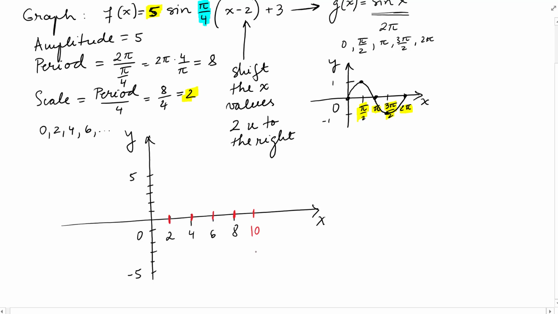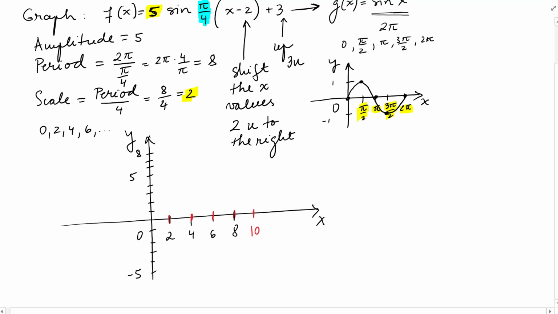So we don't start at the origin because we shifted 2 units to the right. Then this value here, the 3, is up 3 units because it's plus 3. So we go 3 more units from 5, that's 8.